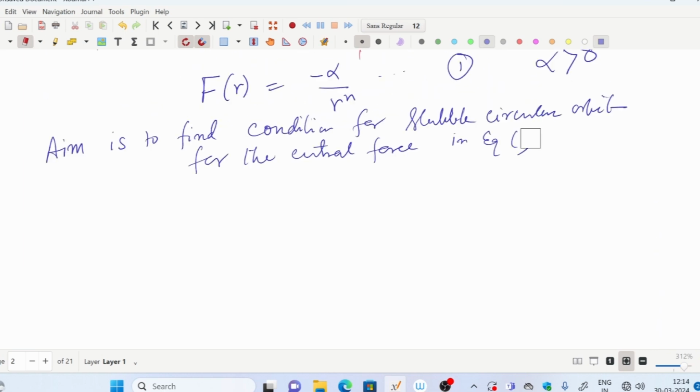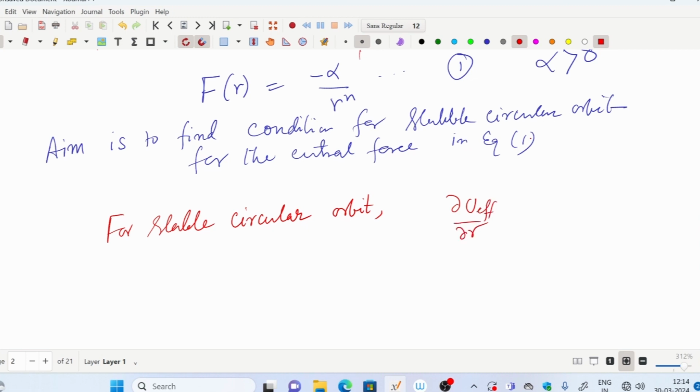So for a stable circular orbit, del U effective del r at r equal to r0 should be 0, the first condition, but this is also a condition for a maximum.